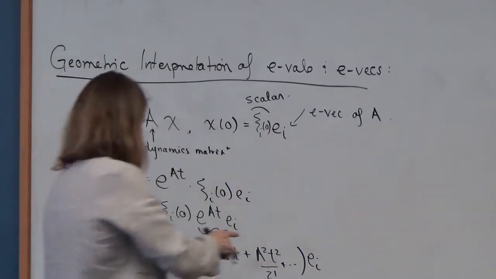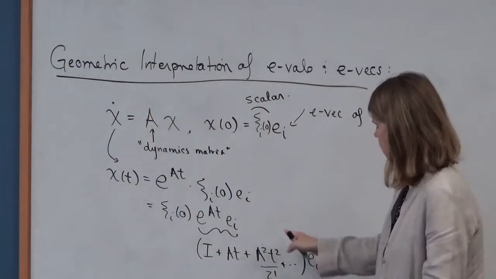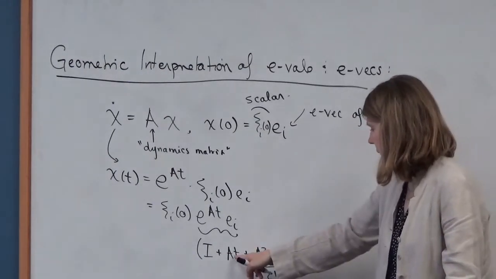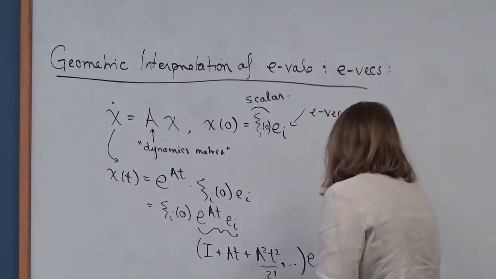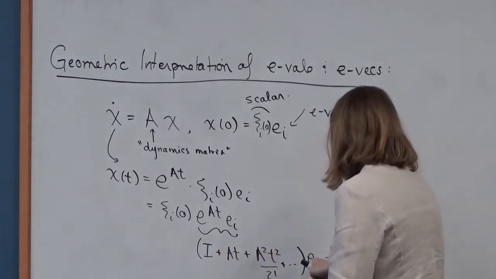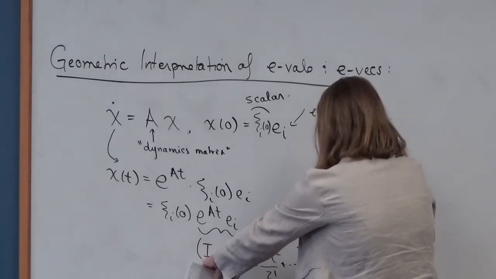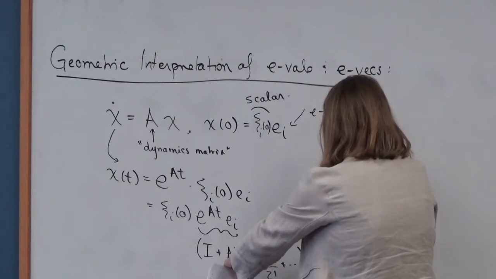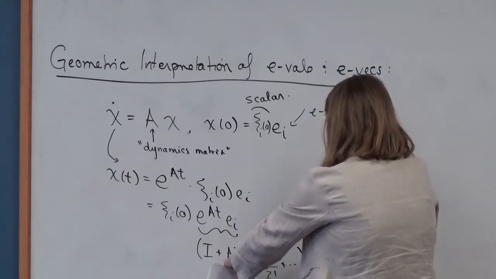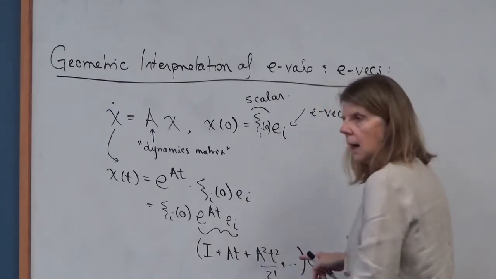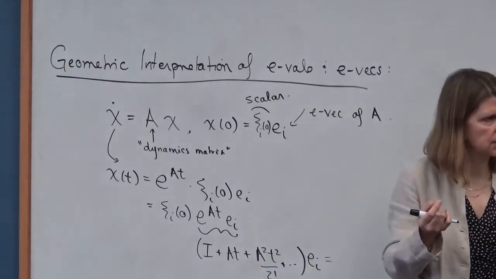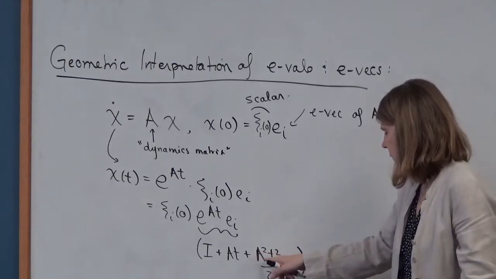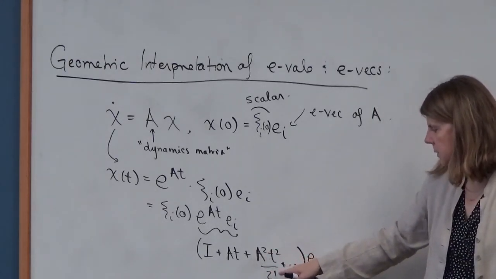Let's bring that eigenvector into the infinite series and collapse this out. Because e_i is an eigenvector of A, on the first term that's just I times e_i, or e_i, plus At times e_i. t is a scalar, so it's t times Ae_i. But e_i is an eigenvector, so Ae_i is lambda_i e_i. And if I do the same thing here, this is A times t squared over 2 factorial.